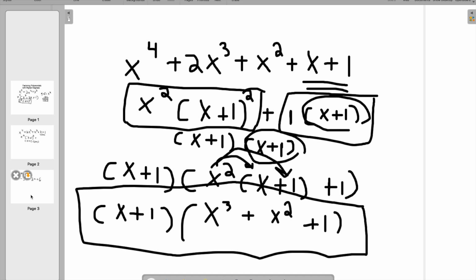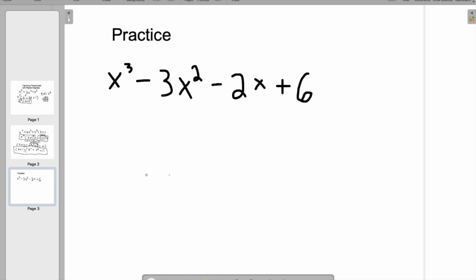Okay, so now we're going to move on to a practice, so you can pause this video to try this out by yourself. Okay, so I'm going to explain this now. So you want to first group them, and if you see x to the third power minus 3x squared, you can see the greatest common factor, which is x squared.